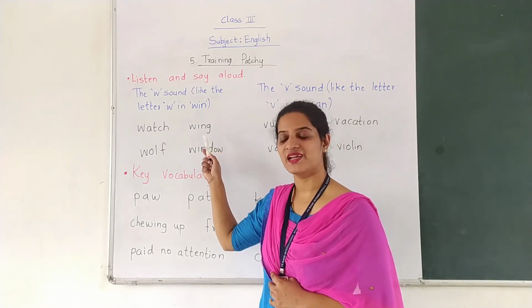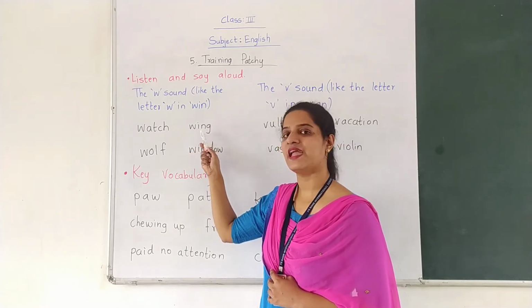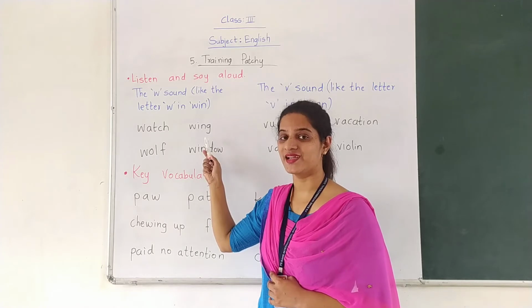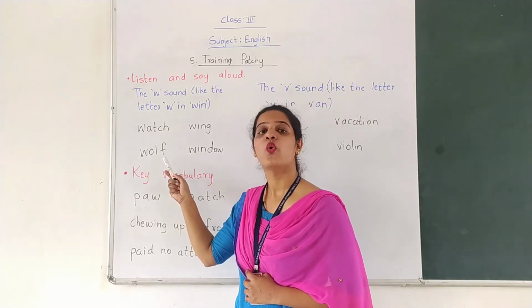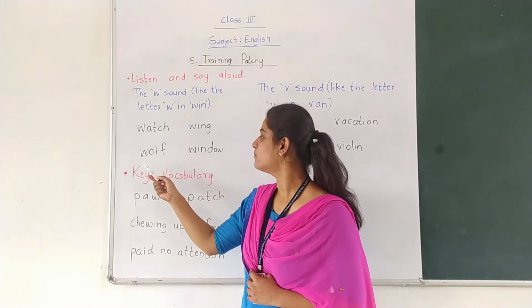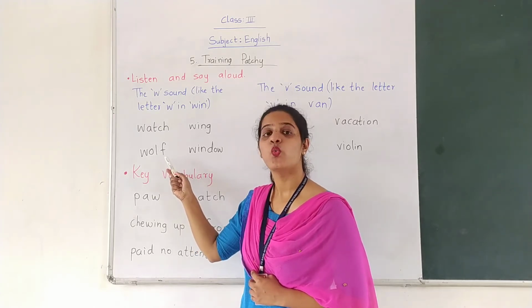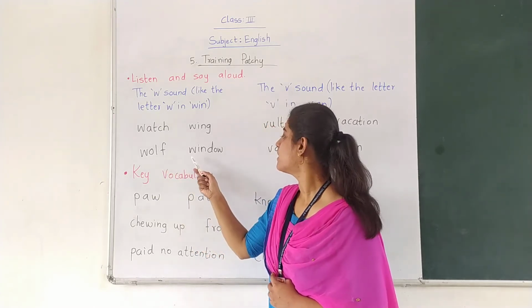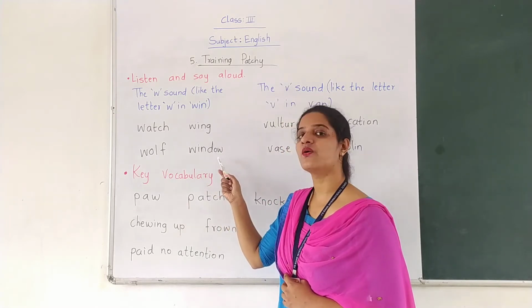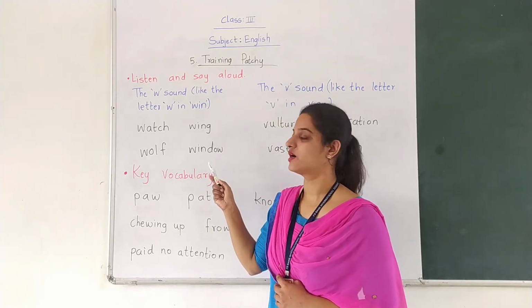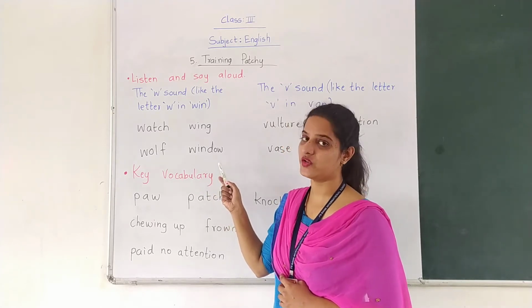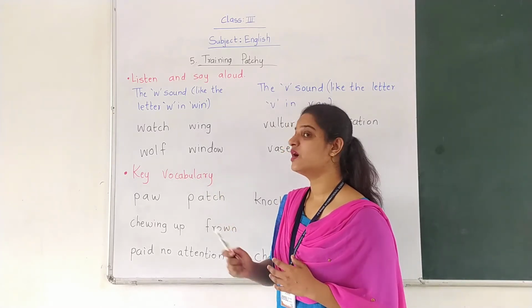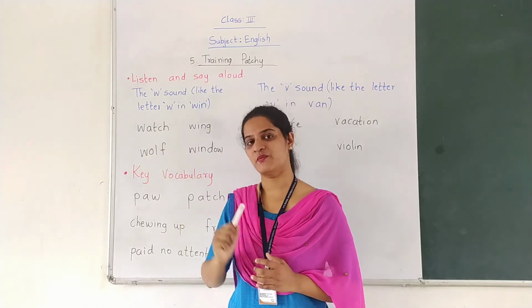W-I-N-G, wing. Next, W-O-L-F, wolf. W-I-N-D-O-W, window. Now, we have read the words with W sound.